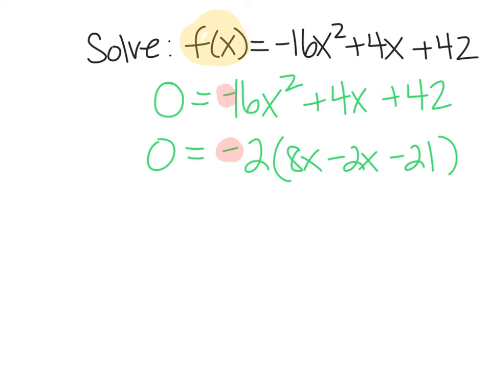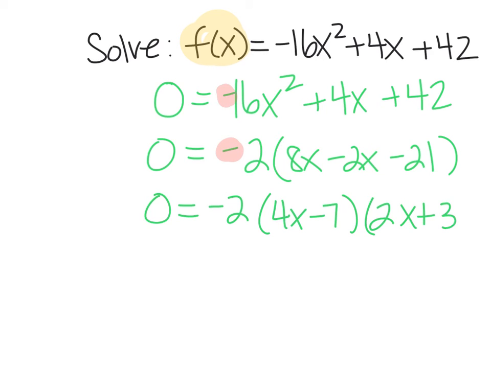So that negative always should be factored out. Okay, then I'm going to just factor this second part. So 0 is equal to negative 2, and then 8x squared minus 2x minus 21 factors to be 4x minus 7 and 2x plus 3. And I can check my outside inside there.